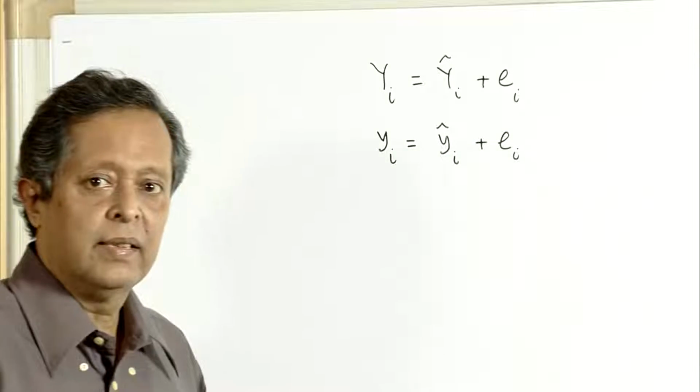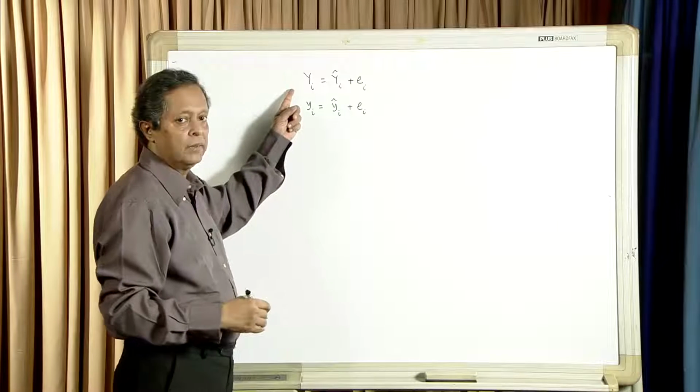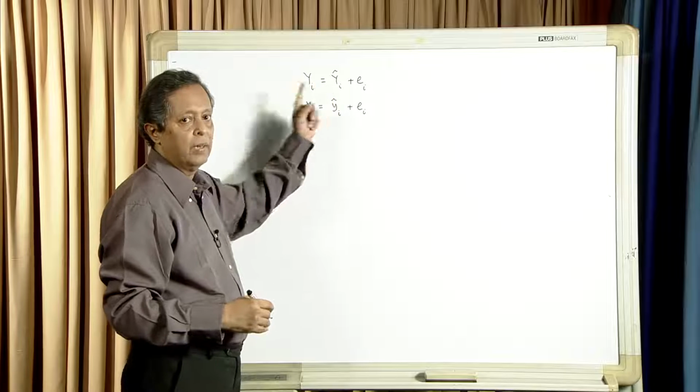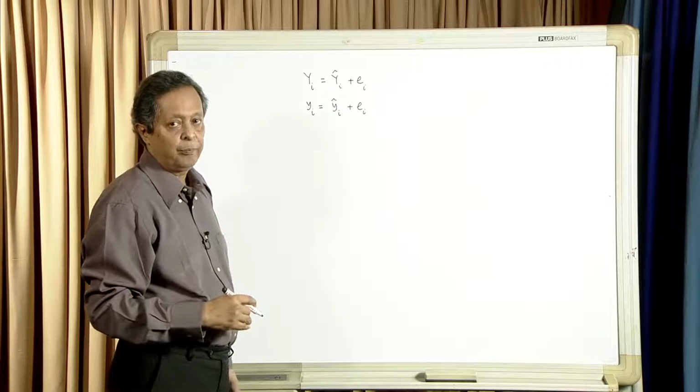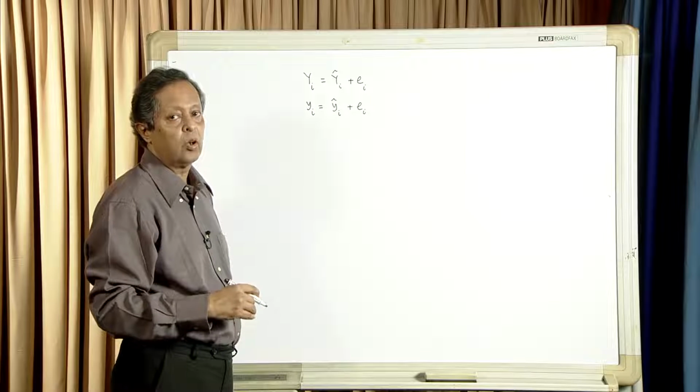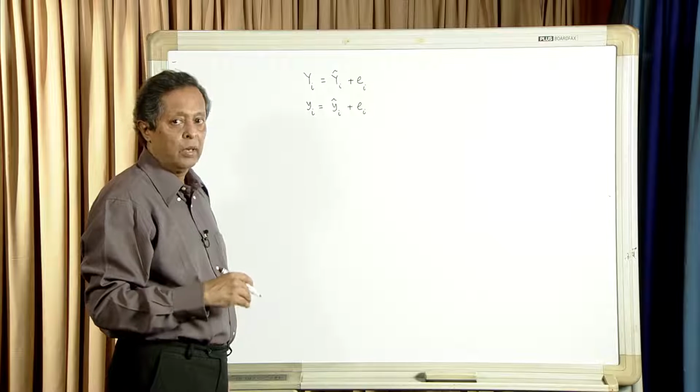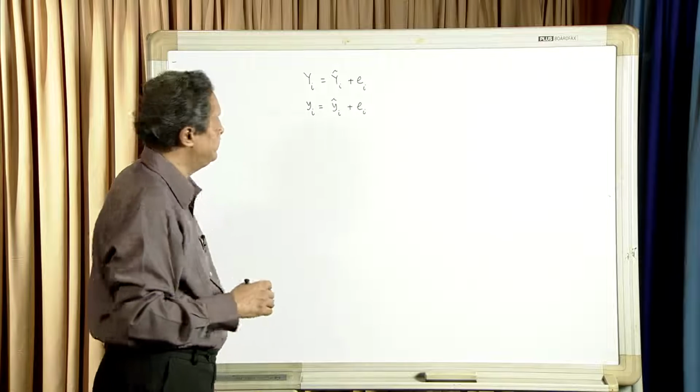The reason is that the mean of observed values and the mean of estimated values are one and the same. This happens due to the first normal equation in a model that has an intercept term.